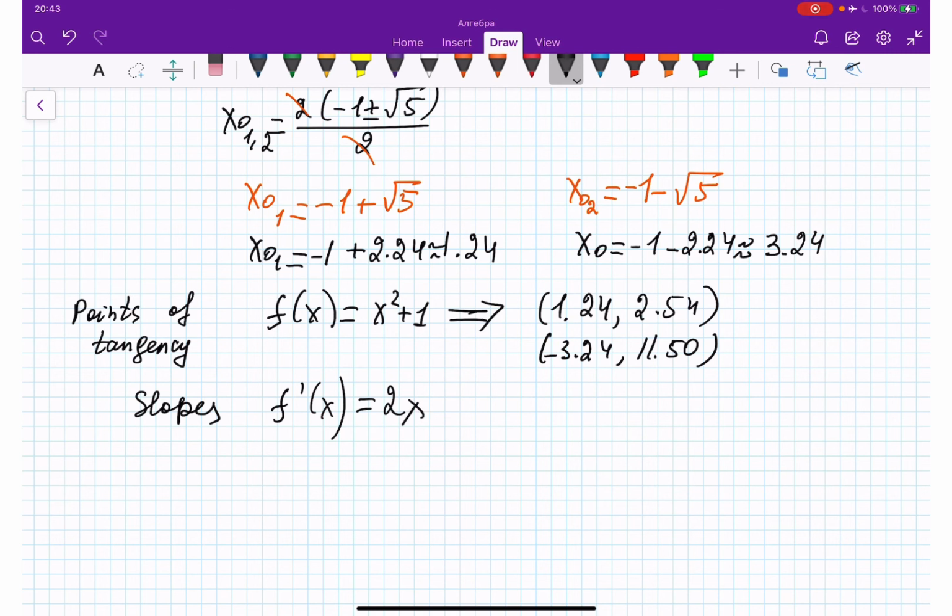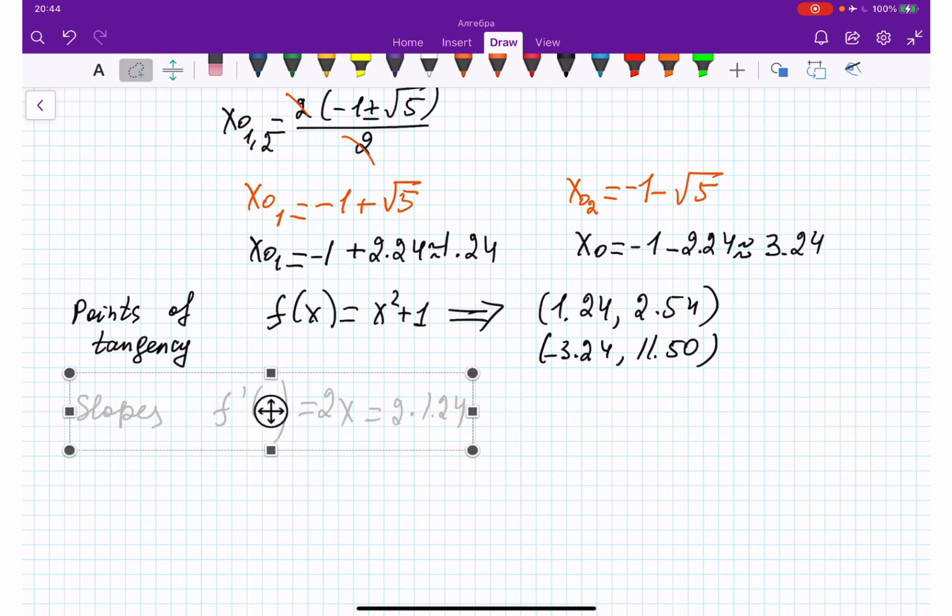And from here we have x equal to x0. So it's equal 2 times 1.24, which is equal 2.48.